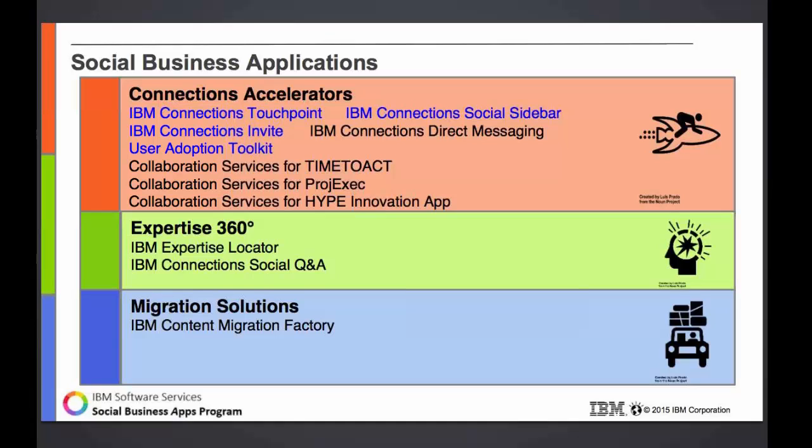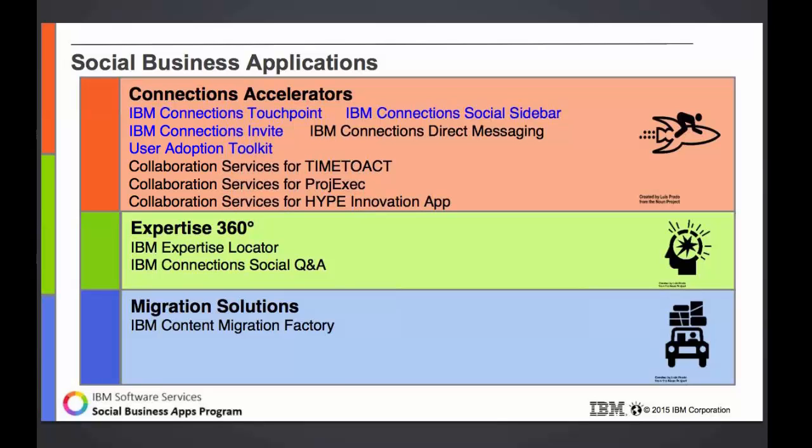The three Connections accelerators you see at the bottom, Collaboration Services 4, are three partnering arrangements we have with Time to Act with their Web Content Management extension for Connections. We call that XCC, or they call that XCC. So Time to Act XCC provides structured pages in content presentation of Connections materials in landing pages and whatnot.